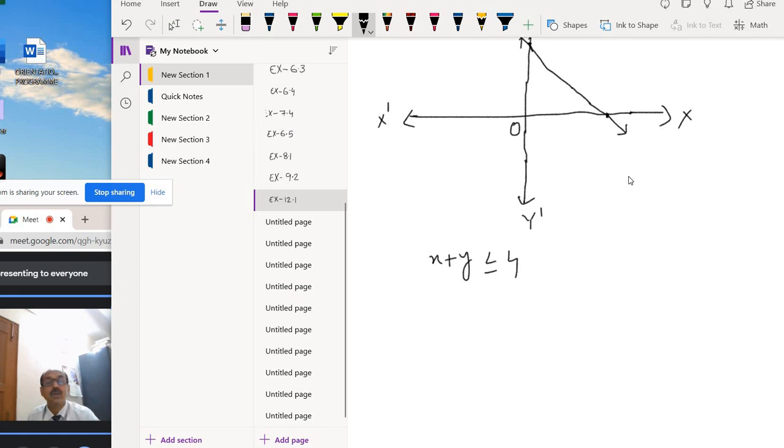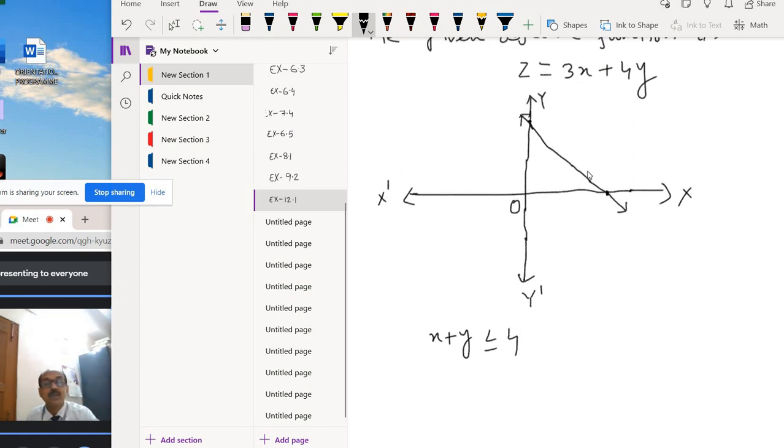Now find its direction. Which side? Towards the origin or away from the origin. So put x equal to 0 and y equal to 0.